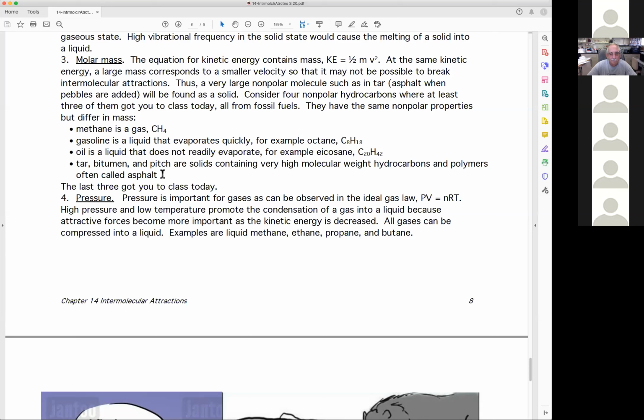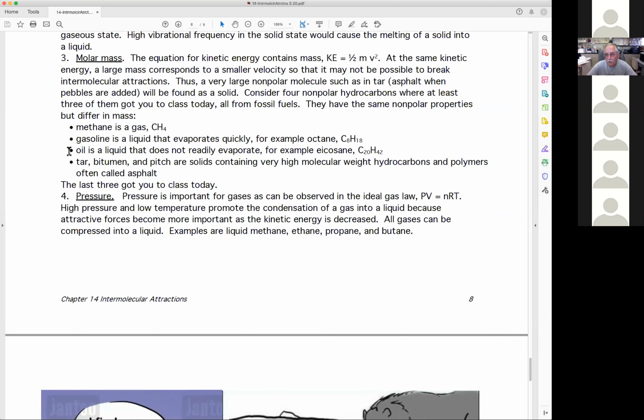Is that what the roads are made of? Exactly, that's what roads are made out of. So if you ever do go to school again, you'll be using gasoline to burn. You're using oil to lubricate all your parts, and you'll be driving on asphalt. All nonpolar molecules.